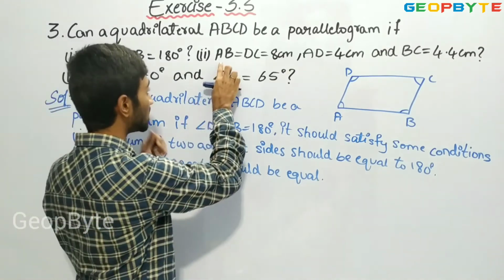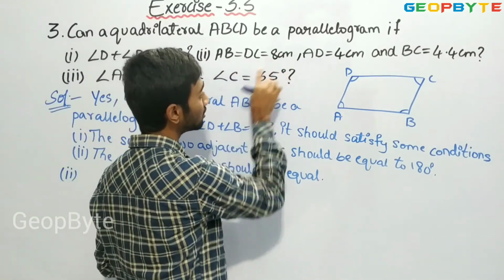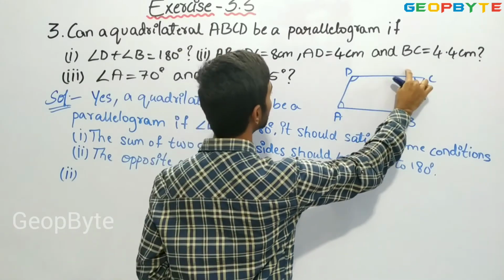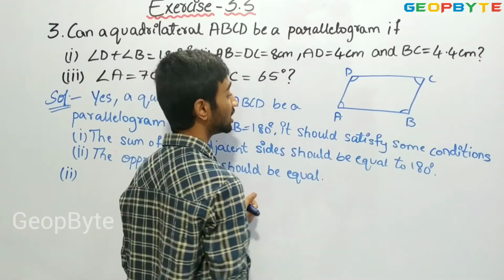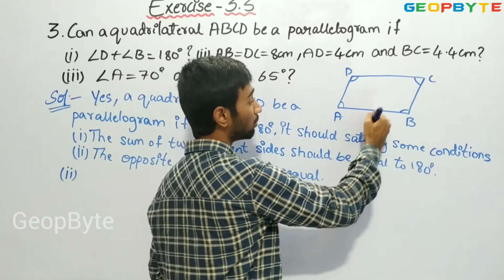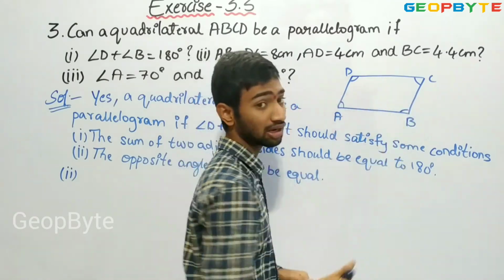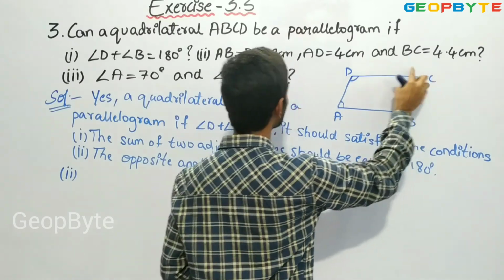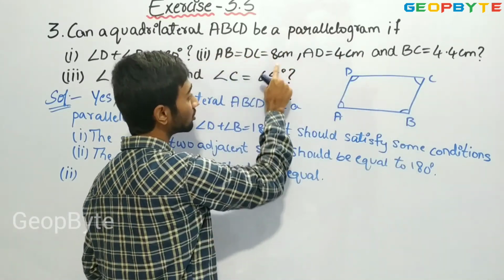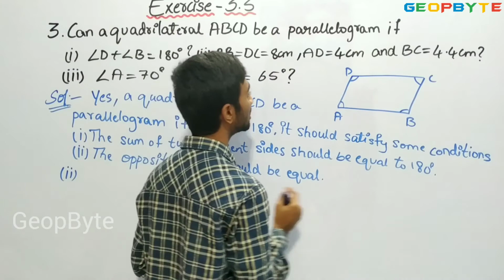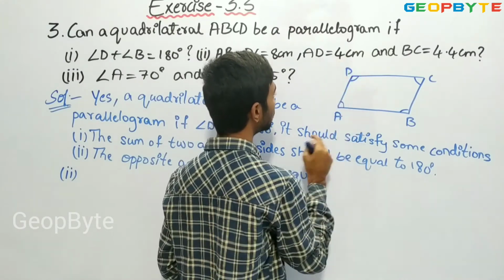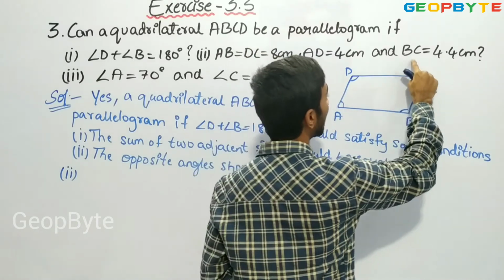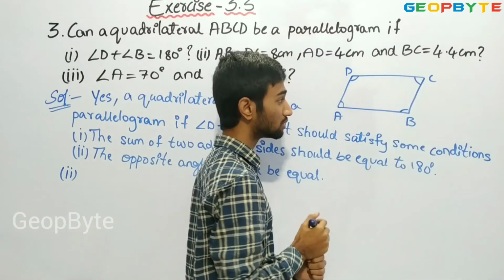So if AB equal to DC equal to 8 cm, yes, we know that the opposite sides of a parallelogram are always equal. So here AB is equal to DC, so AB equal to DC equal to 8 cm. Yes. Next, AD equal to 4 cm and BC equal to 4.4 cm.